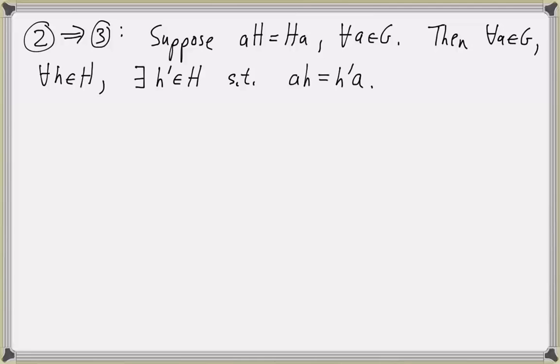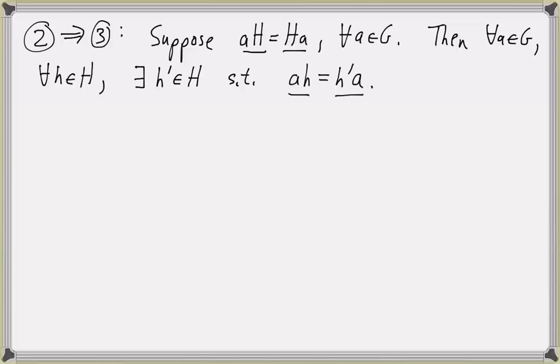So the statement that the left coset AH equals the right coset HA does not mean that you can commute the element Ah and that's equal to hA. What it means is that anytime you have an element Ah, it is equivalent to some other element of H times A. So we just know that the two cosets as sets are equal.